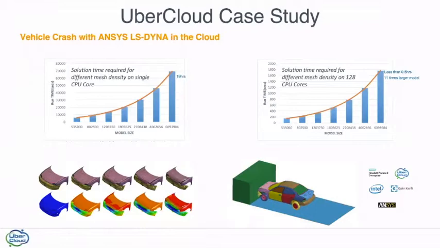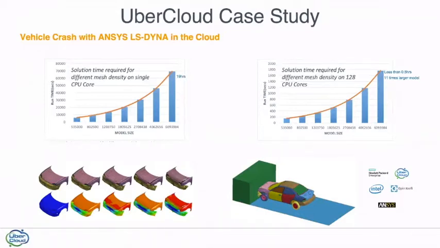The team here started the simulations with a coarse mesh, and then refined the mesh size to more accurately capture the crash behavior. And refining the mesh size resulted in an 11 times larger model.